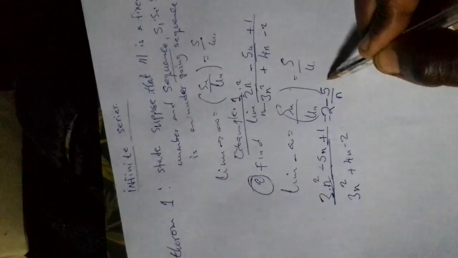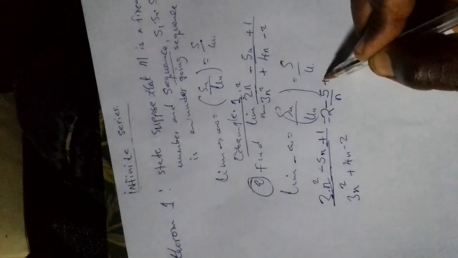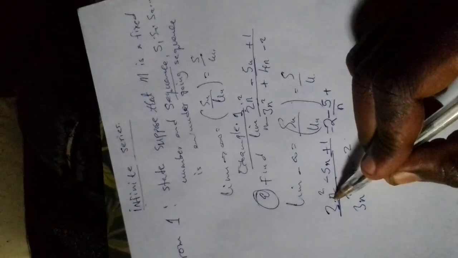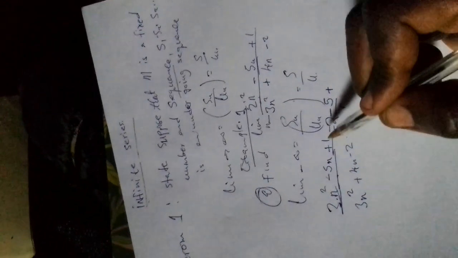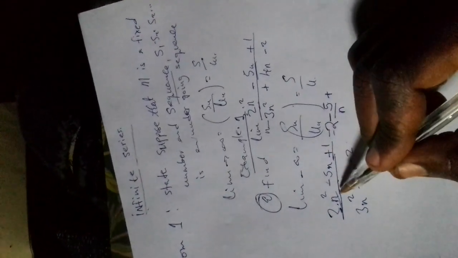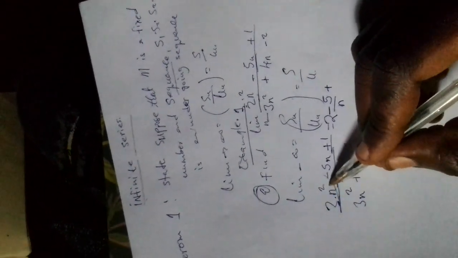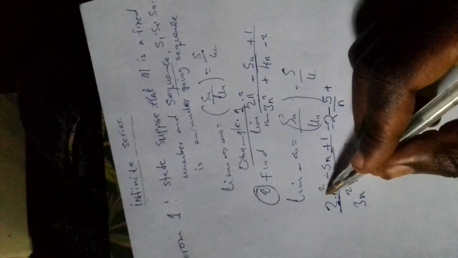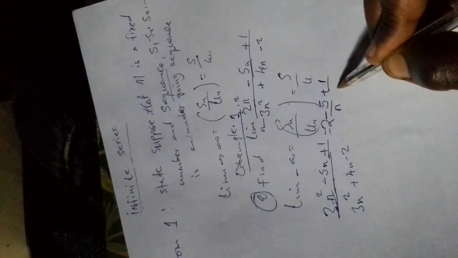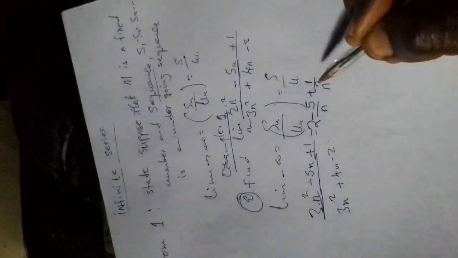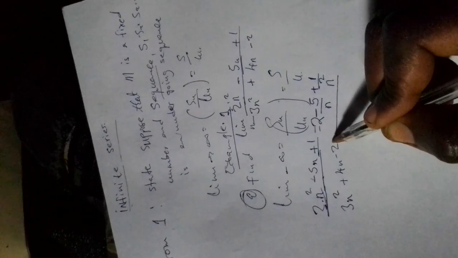From there you write plus. Now you come back to this one. Since this is n squared, the coefficient of this n squared is 1. You write that 1 over n squared. You also put a line down here, and you also put equals here.